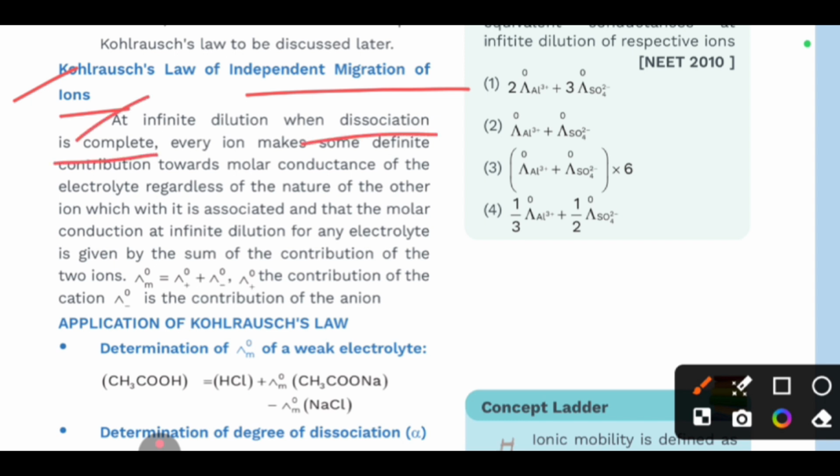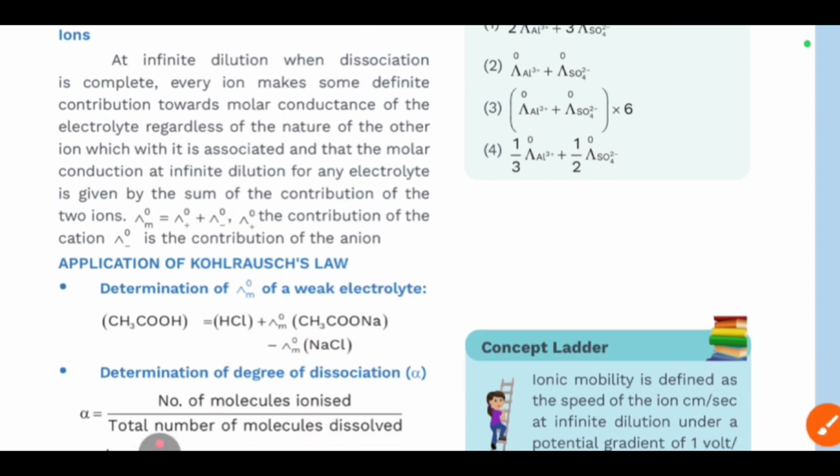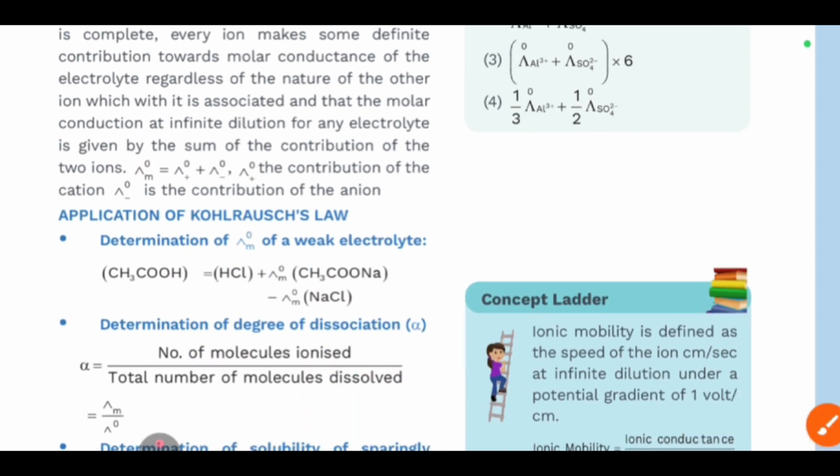Every ion makes some definite contribution towards the molar conductance of the electrolyte, regardless of the nature of the other ions with which it is associated. It does not depend on other ions present near it. So by using Kohlrausch's law you can find the molar conductance at infinite dilution for a weak electrolyte.